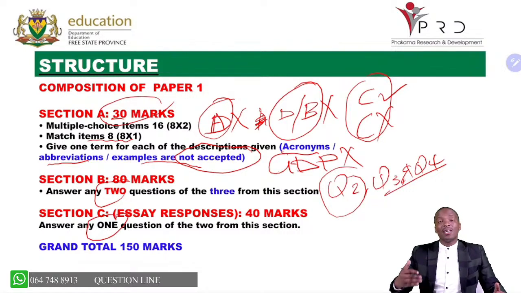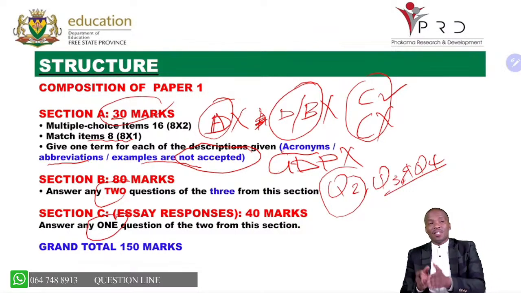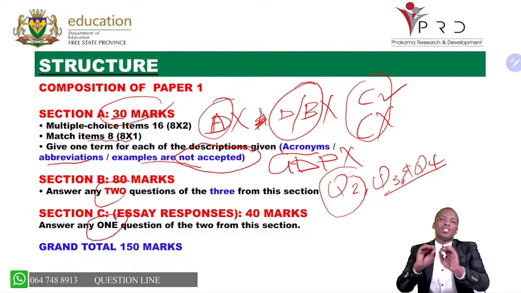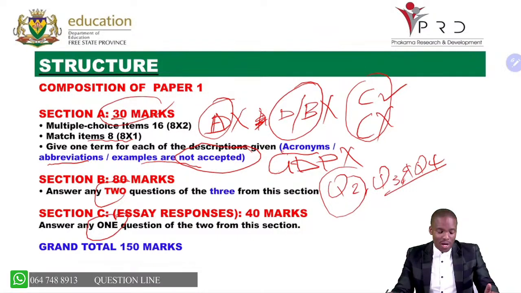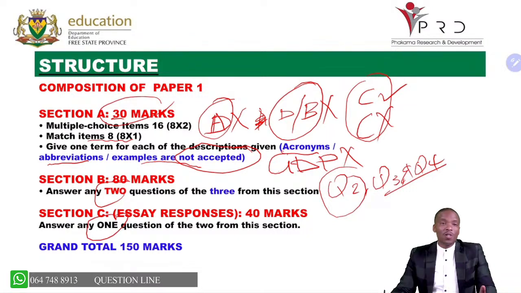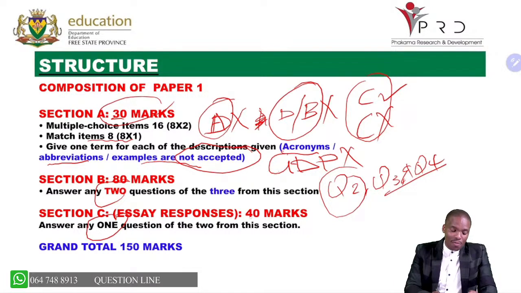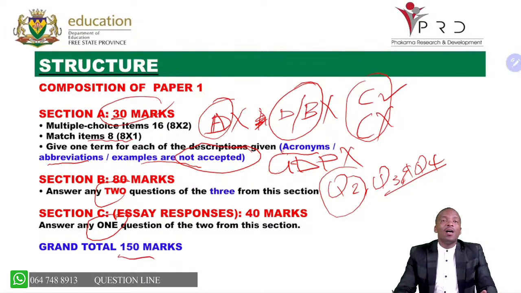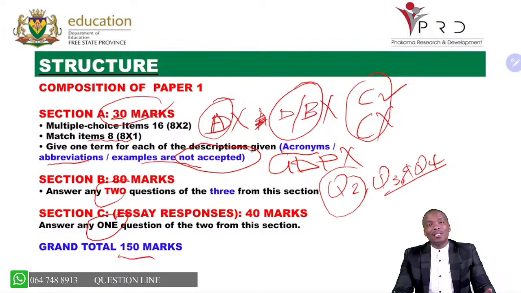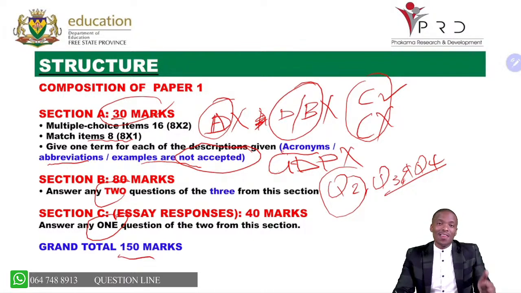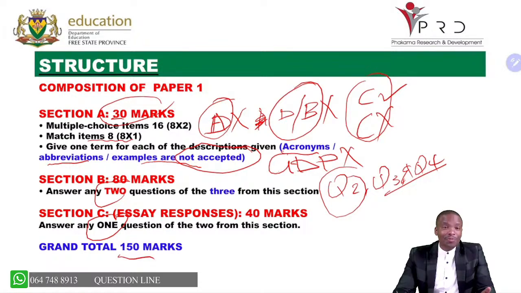So make sure that you read the instructions where you start every question in every section on a new page, and you clearly write the question number that you are dealing with there. Then you get your 40 marks. So it's your 40 plus 80 plus 30. The grand total for this paper is 150 marks. That's the requirement there. If you have done this, if you met this composition, then it's a thumbs up for the economics.